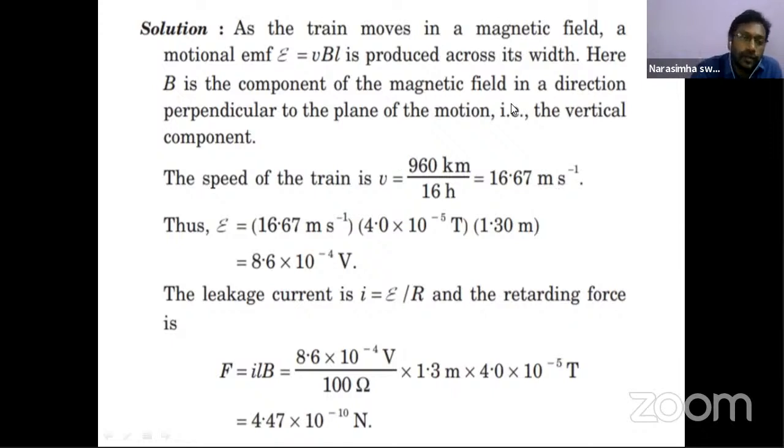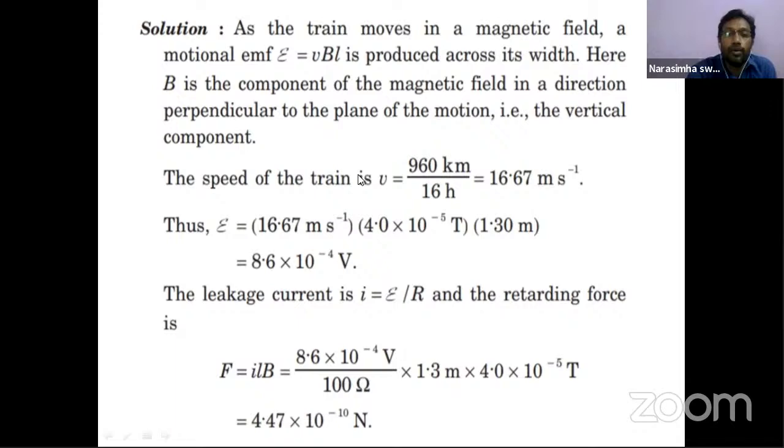At what speed is the train moving? 16.67 meters per second is the velocity, right? Now epsilon, or E, is equal to velocity into B into the displacement, means the distance between them, how much?